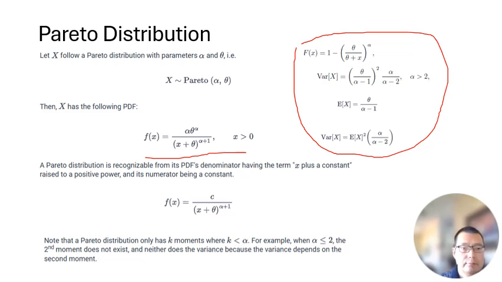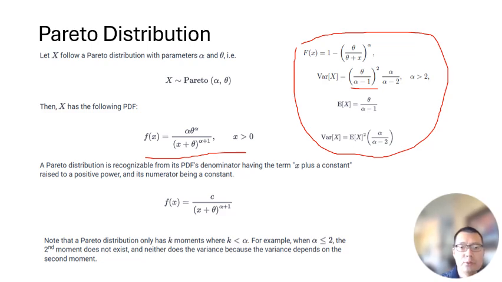Neither does the variance, because the variance depends on the second moment. And actually we can see it from here. The variance of X is equal to theta over alpha minus 1, squared, times alpha over alpha minus 2.